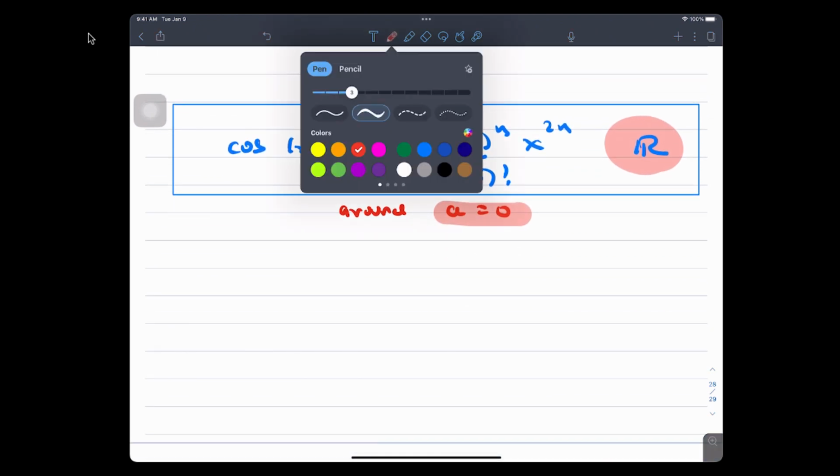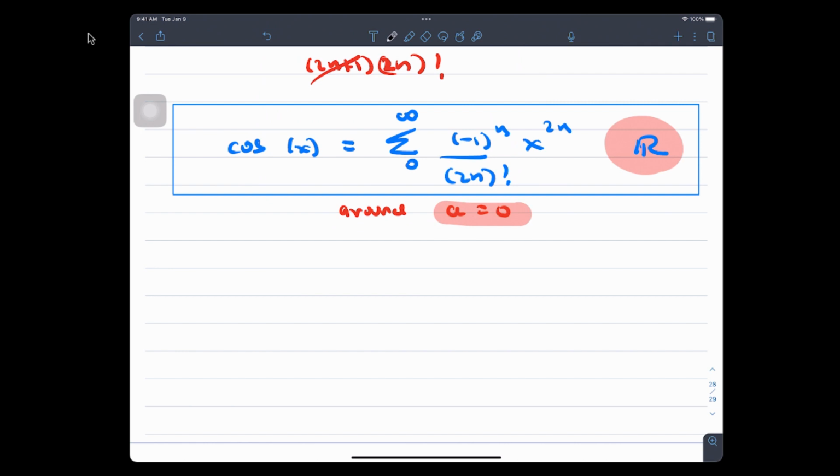Just to give you guys another quick example of a power series expansion and how to use some of these, let me look at my study guide.